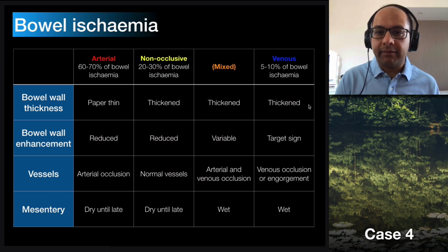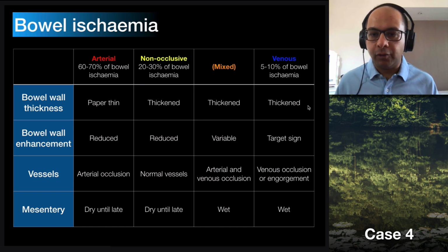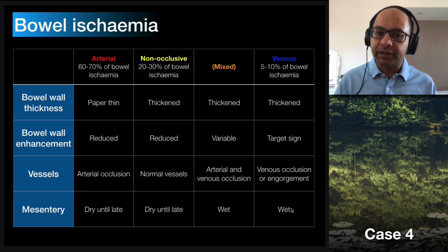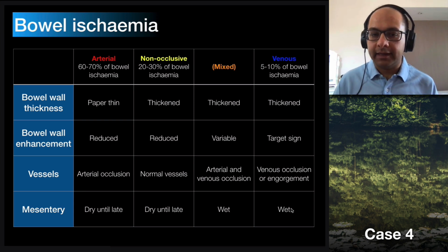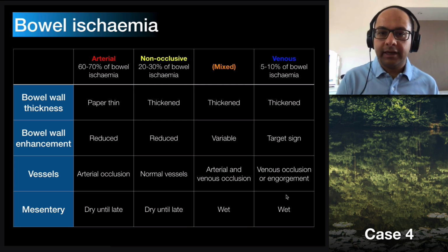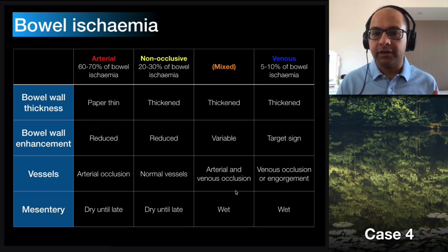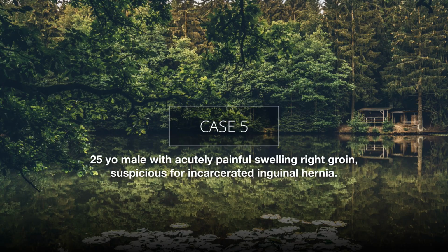With venous ischemia, we saw that you get that thickened bowel wall with engorgement of the vessels, that target sign, and it's typically a wet type of ischemia, whereas arterial ischemia is generally quite dry until late. So in that case we saw, it was difficult to appreciate the mesentery, but there wasn't much fluid when we did look at it. With mixed ischemia, then you can get a combination of different patterns of findings depending on which is predominating, arterial or venous.